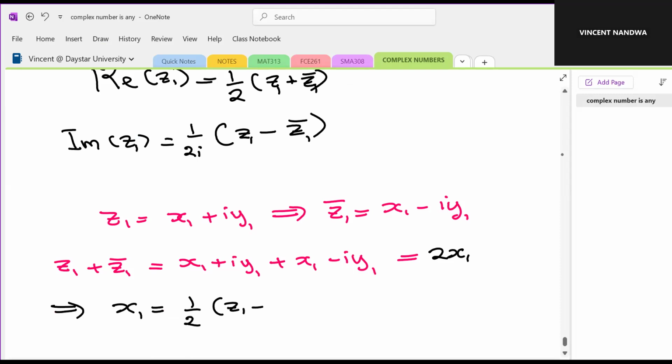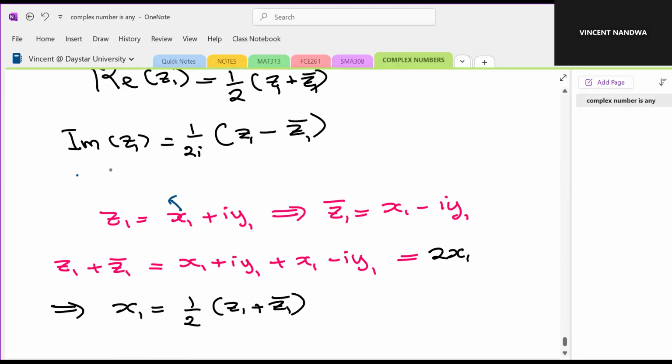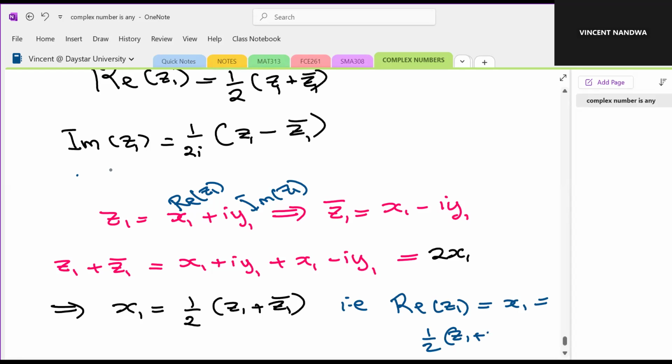So this is 2x1, which means that when you make x1 the subject, we have a half into Z1 plus Z1 conjugate. By definition, when you write Z1 equals x1 plus iy1, x1 is what we call the real part of Z1, and y1 is what we call the imaginary part of Z1. So the real part of Z1, which is x1, is given by a half into Z1 plus conjugate of Z1.